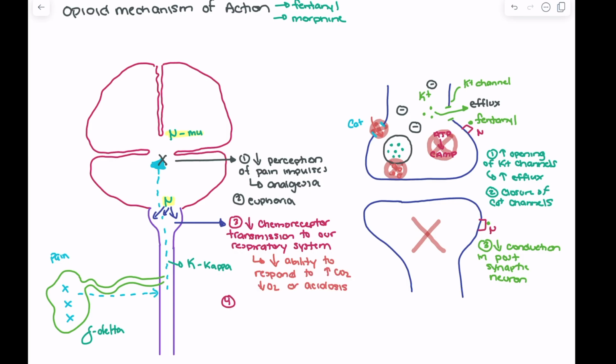Finally, with the use of opioids, we will often see patients present with pinpoint pupils. And the reason for this is that the ability to manage pupillary response involves an inhibition or activation of the oculomotor nerve, which is going to send out signals to the eye itself. So what we see here with the eye is we have our oculomotor nerve, which is going to send impulses to either have pupillary contraction or pupillary dilation.